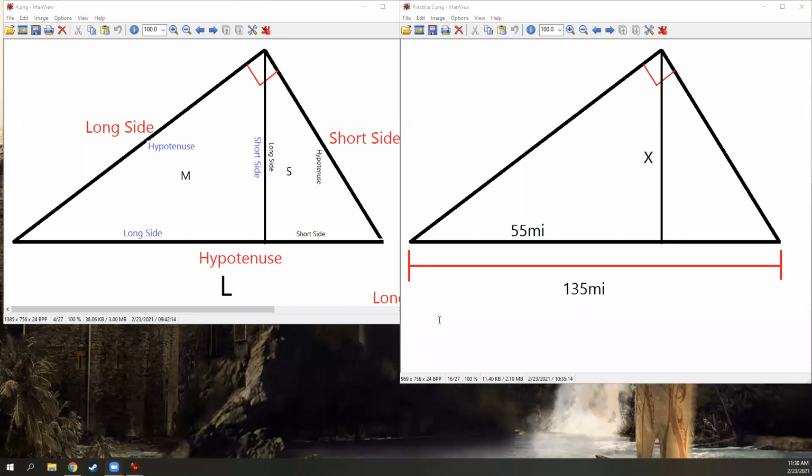So let me fly through this one. You got small. You got medium. And you got large. Short, long, hypotenuse.